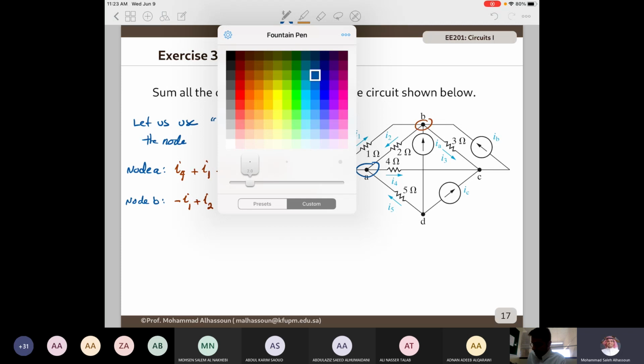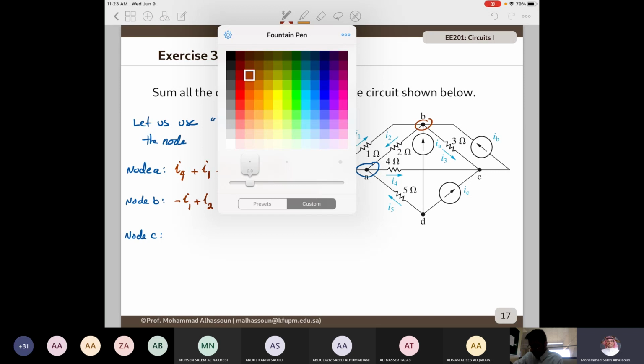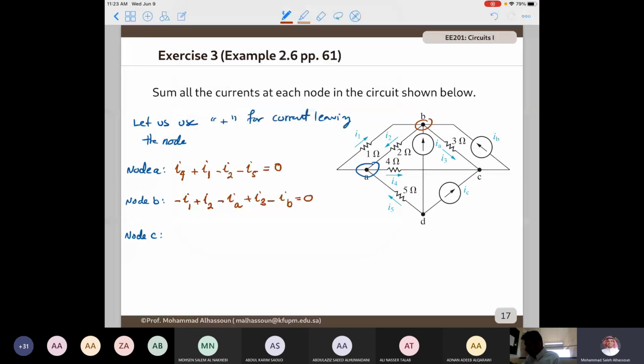Excellent. So node C. Ahmed Al-Hamad? Minus I3, yes.